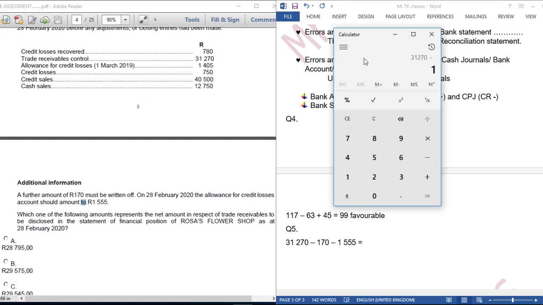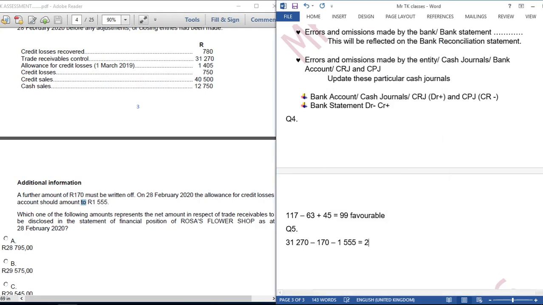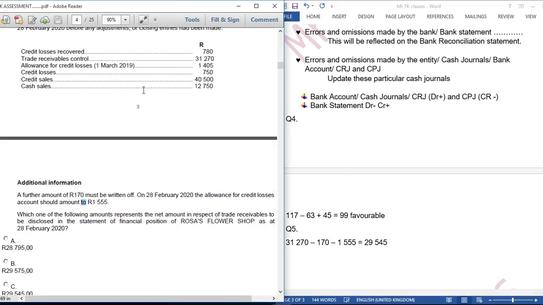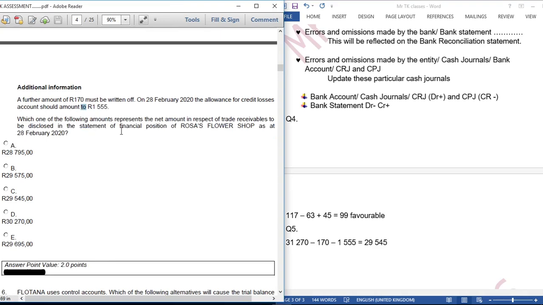Without wasting much of our time, let us say 31,270 subtract 170 subtract 1,555. What do we get? We get 29,545. Do we have something of that nature in the options?